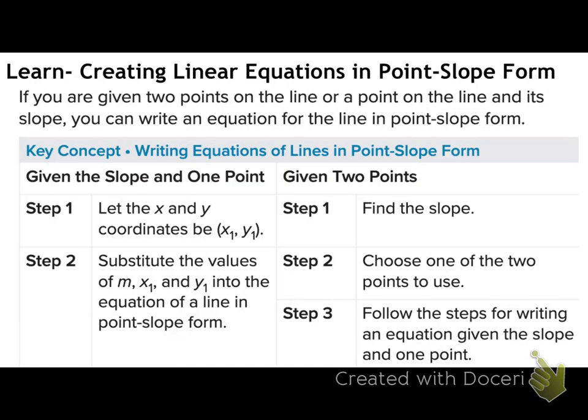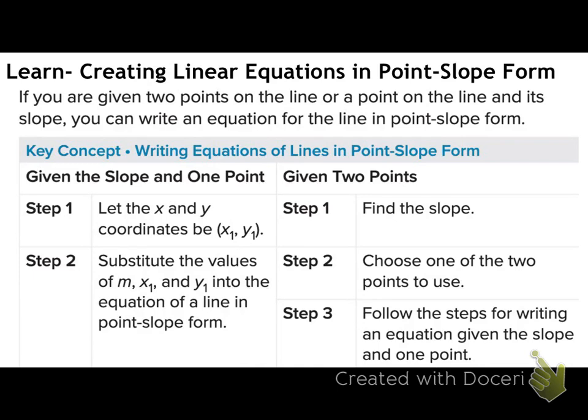Okay, let's get going. I would write this chart down, these steps. If you are given 2 points on the line or a point on the line and its slope, you can write an equation for the line in point slope form. So there's two different methods here. Sometimes we will be given the slope and the point. That'll be all we're given.